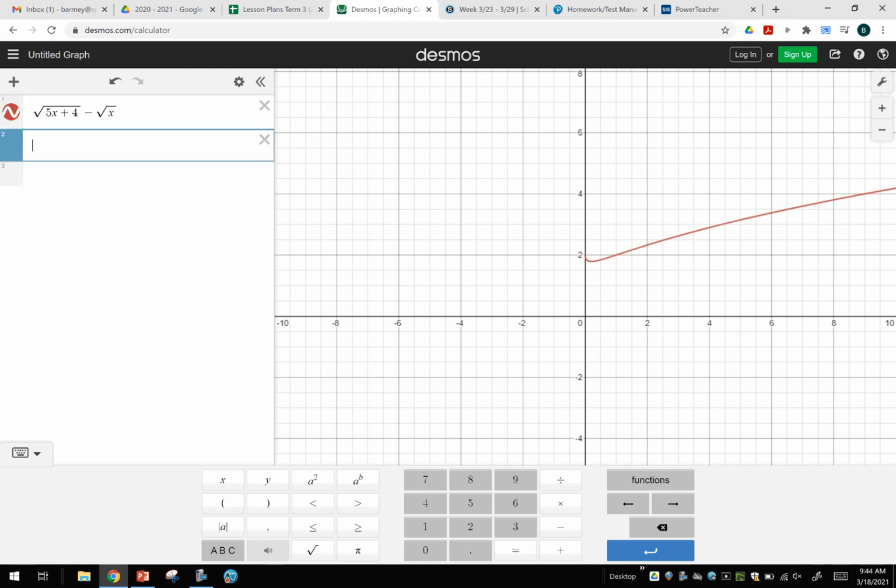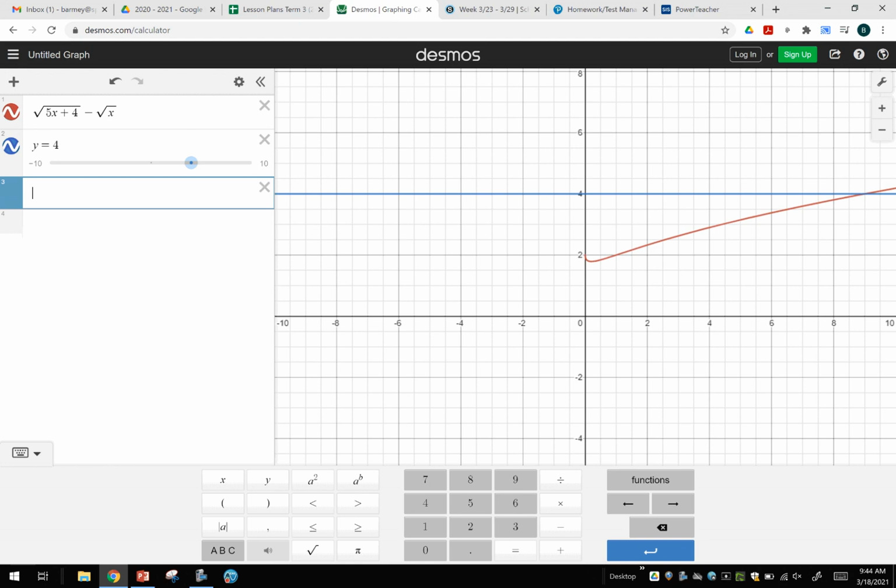I'll graph that, and I get this kind of funny looking check mark type shape. And then the second one was just equal to 4. So in Desmos, I could say y equals 4. And then that's going to give me my two graphs.